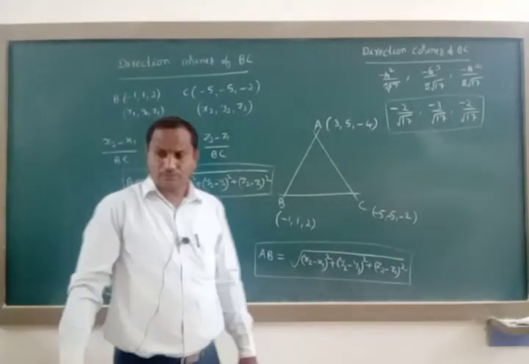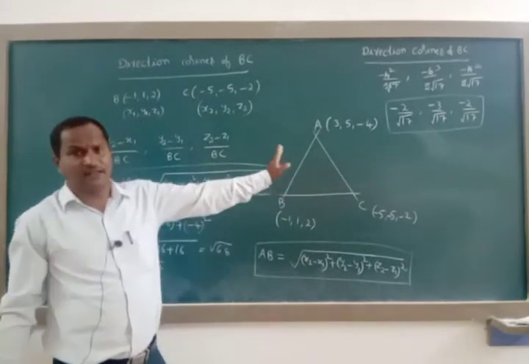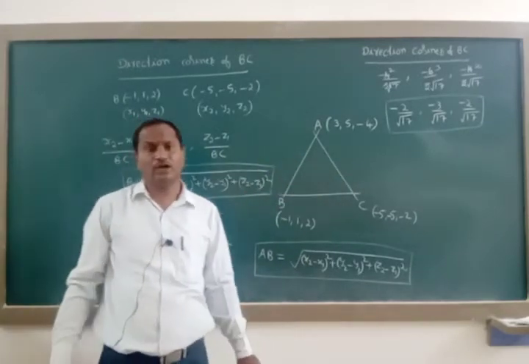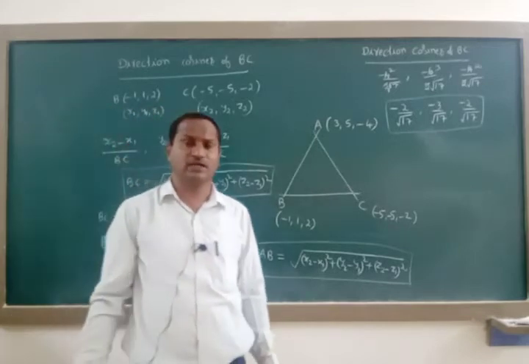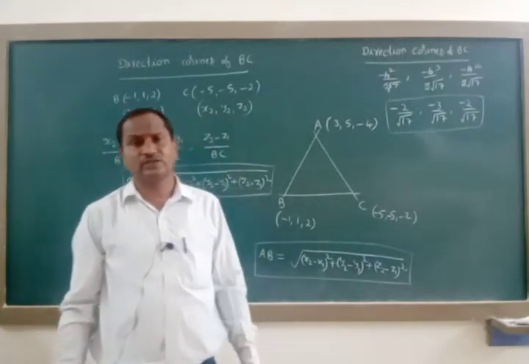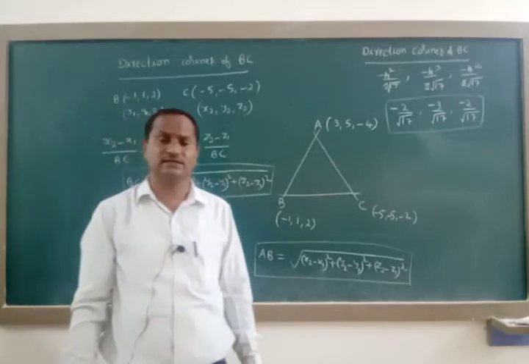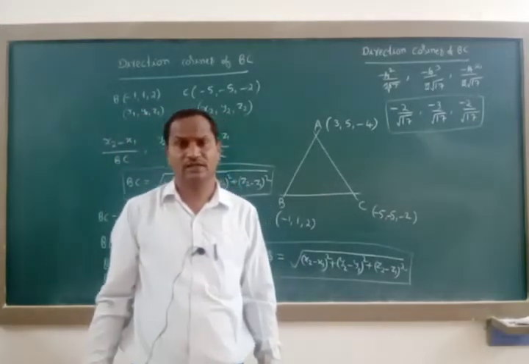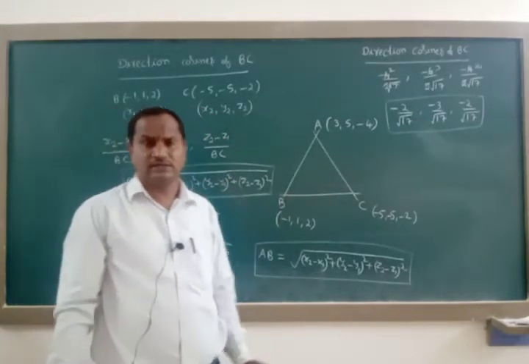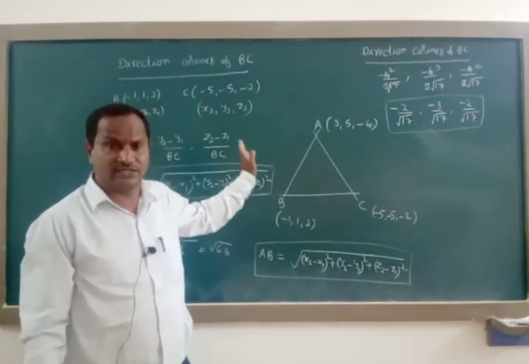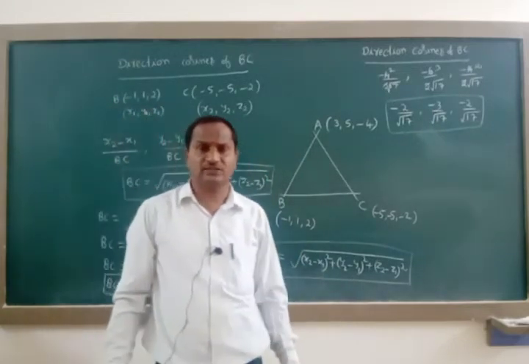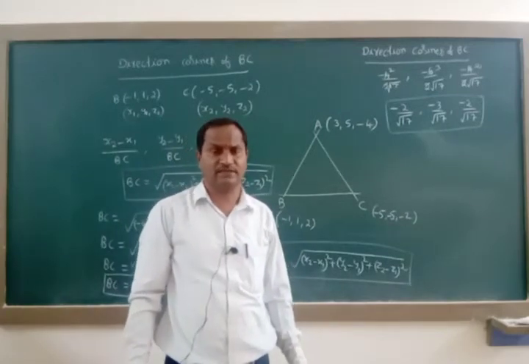Next, one more side is there, that is CA. Here we have to find the direction cosines of CA also, because in the question they are asking for direction cosines of all the 3 sides in triangle ABC. We have finished the direction cosines of the line segment AB, and just now of the line segment BC.